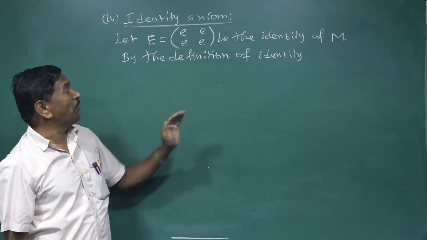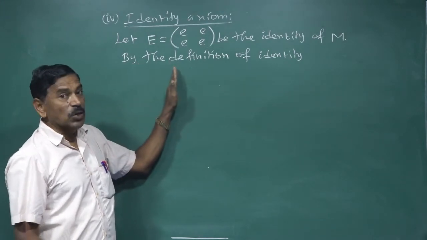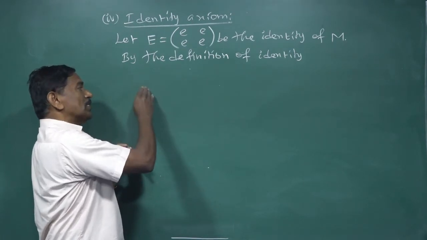Then by the definition of identity, X into E is equal to E into X is equal to X.